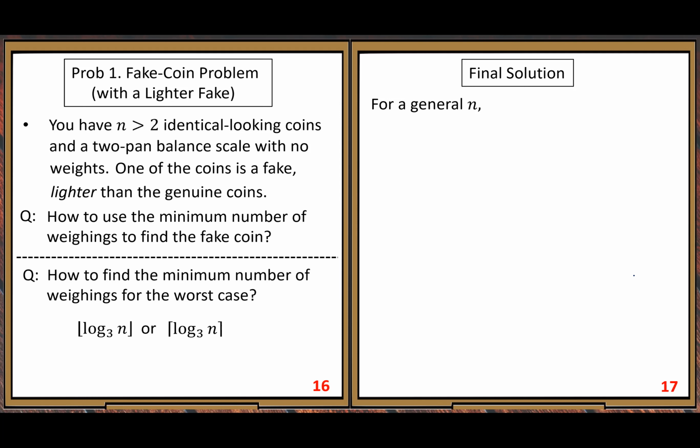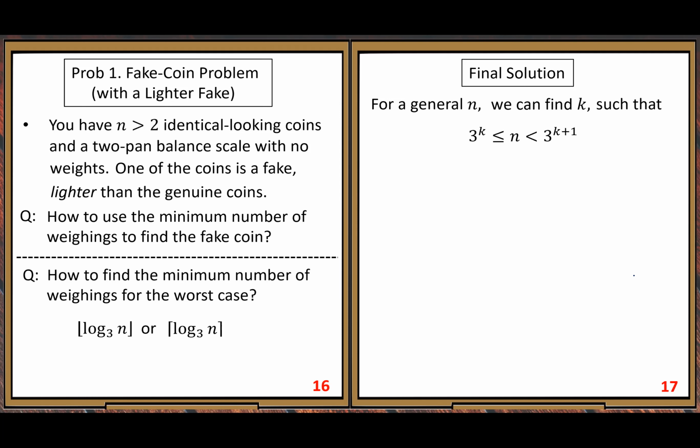Given a general n, arbitrary n greater than 2, we want to find some integer k such that n is between these two numbers: n is greater than or equal to 3 to the k power, but strictly less than 3 to the k plus 1. The question: can we do this all the time? Think about it.